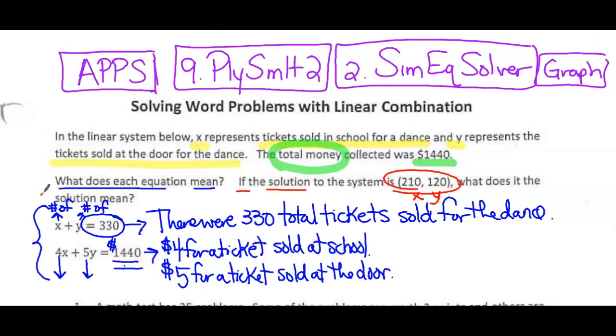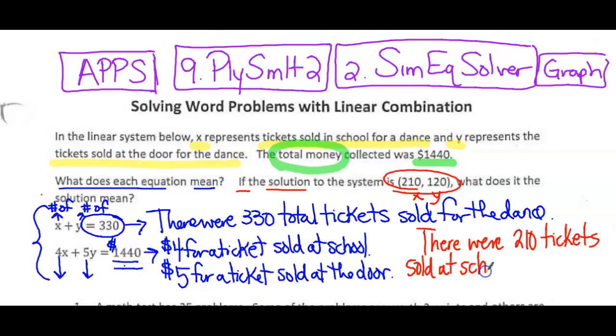So our solution would say there were 210 tickets sold at school and 120 tickets sold at the door.